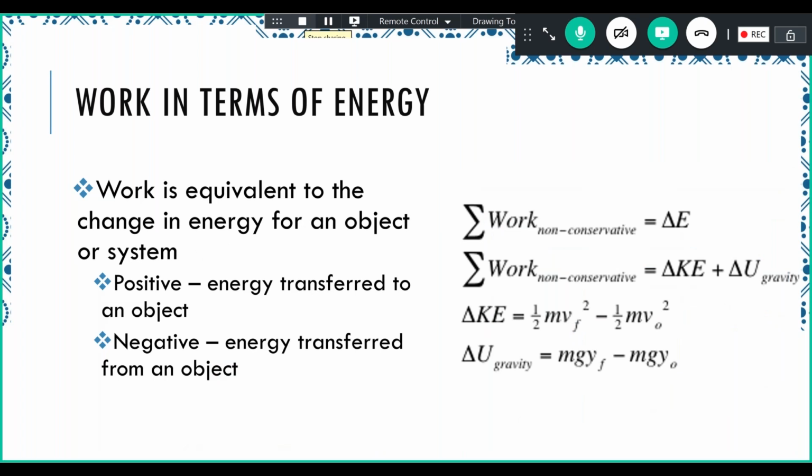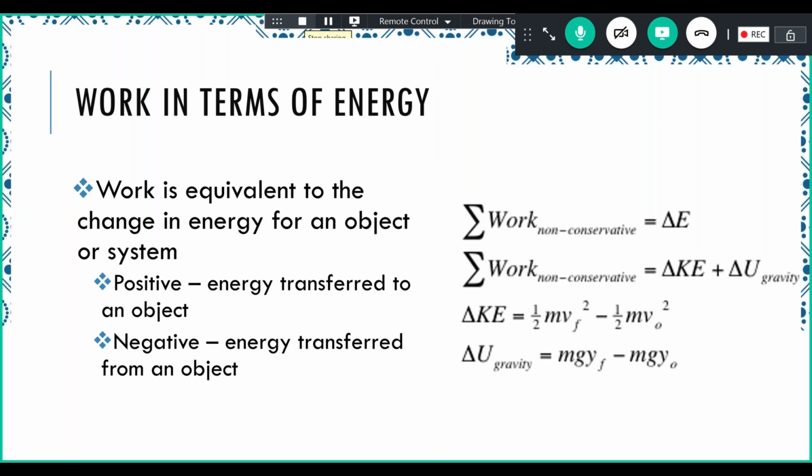So let's look at work in terms of energy. Work is equivalent to the change in energy for an object or system. If work is positive, that means energy is being transferred to an object. But if work is negative, energy is being transferred from an object. So to break it down, work equals the change in energy, and usually we're just gonna focus on mechanical energy at this point. So work is equal to the change in kinetic energy plus the change in gravitational potential energy.